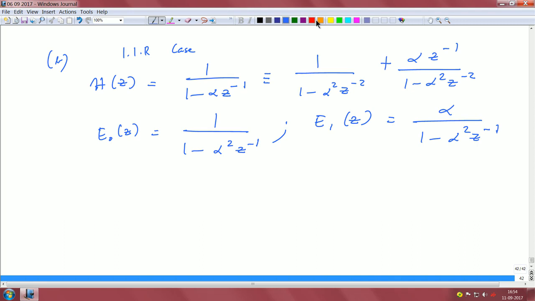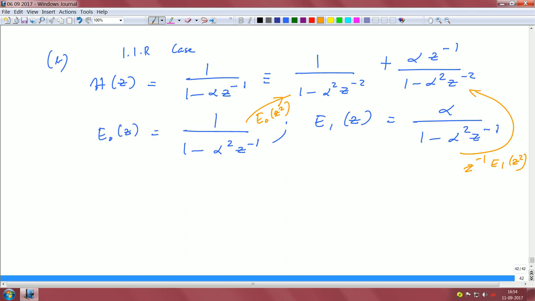Basically, if I wanted to go back from here, I could get to this step with E naught z square, and from this I could go to this step via z power minus 1 E1 z square. Right. We looked at both the cases for the FIR as well as for the IIR case.